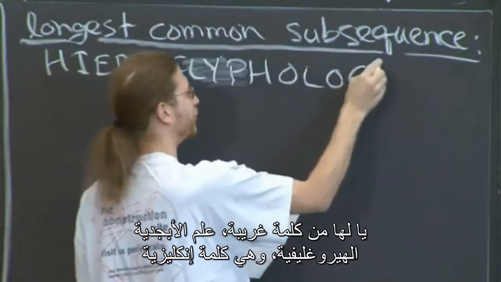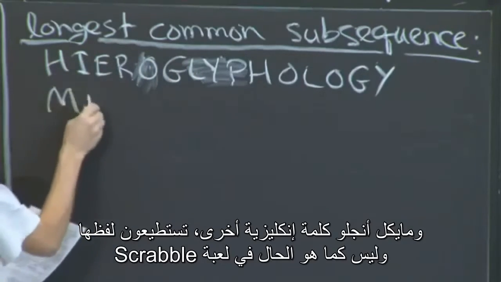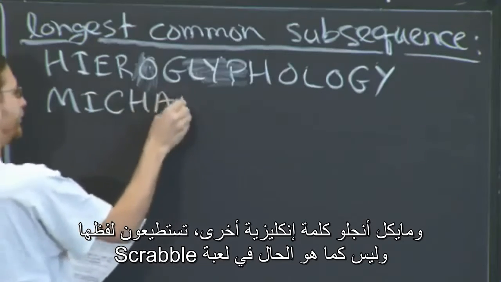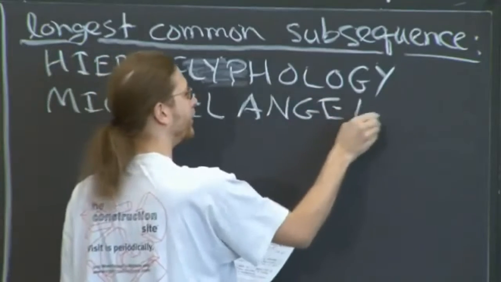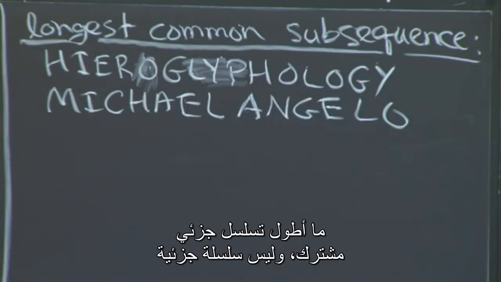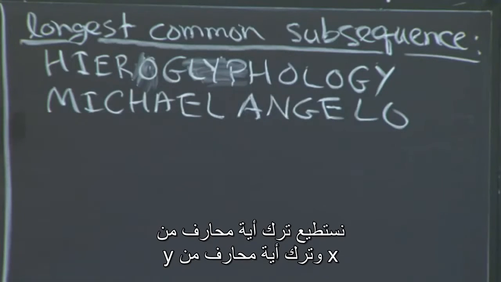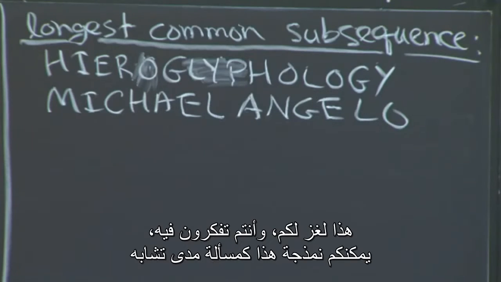Hieroglyphology is an English word. And Michelangelo is another English word, if you allow proper nouns, unlike Scrabble. So think of these as strings. This is X, this is Y. What is the longest common subsequence? So not substring. I get to choose. I can drop any set of letters from X, drop any set of letters from Y, and I want them to, in the end, be equal. It's a puzzle for you while you're thinking about it.